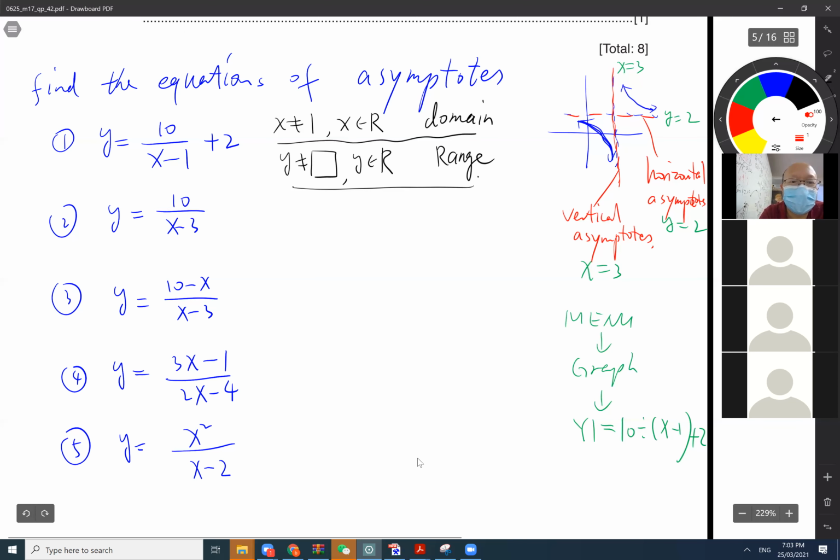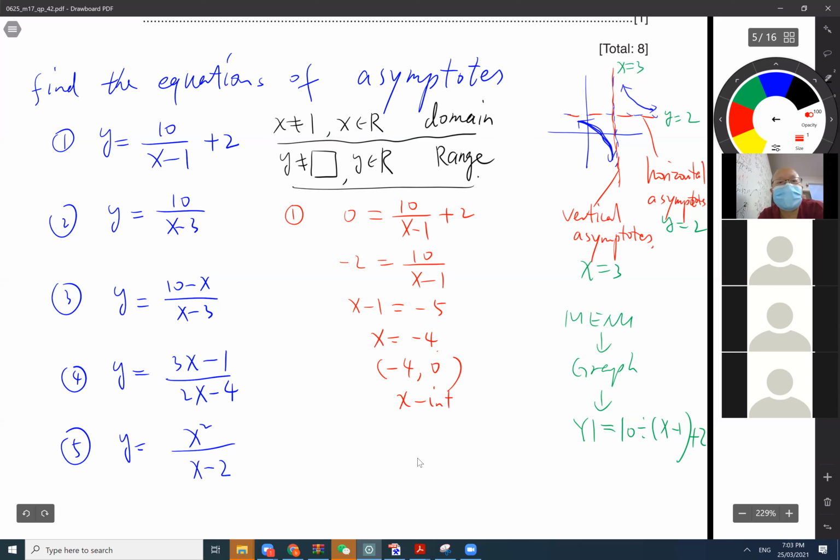If y equals 0, y can be 0. Actually, -4, 0 is called the x-intercept. Oh, you're right. y cannot be 2. Eden, explain why y cannot be 2.